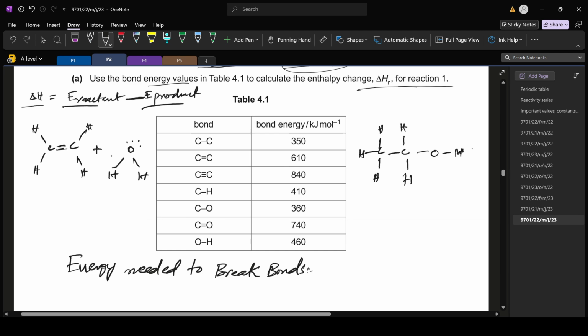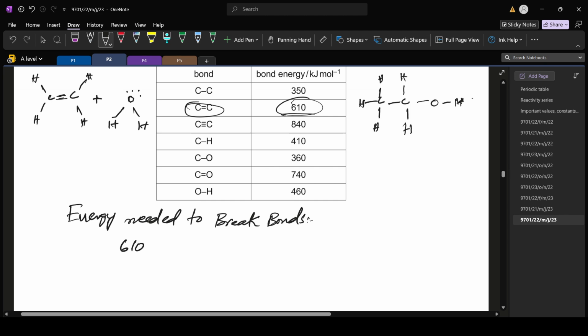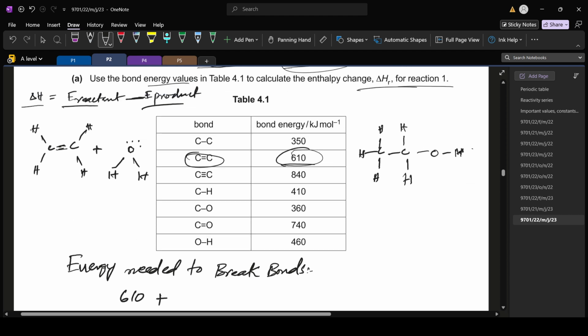In the reactants, firstly you have one carbon-carbon double bond, which has an energy of 610. Plus, you have the CH bonds.